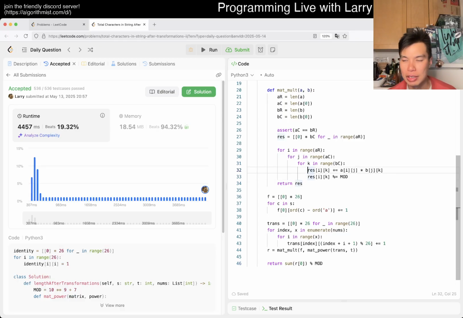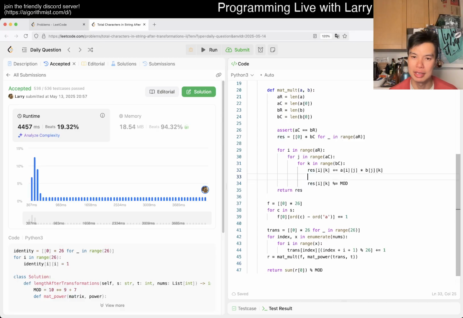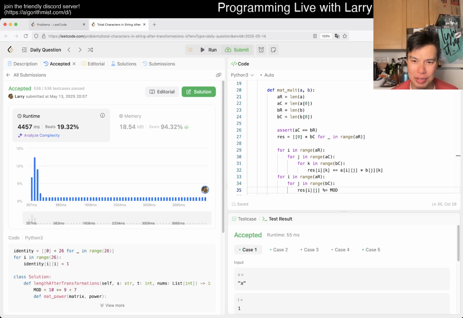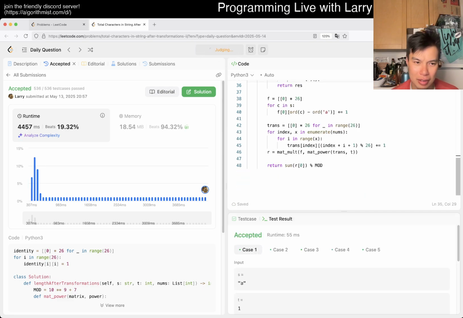What we actually probably want to do is just take that outside. It's just that I was too lazy to do it. But yeah, that should be a bit faster, just a lot fewer mods. Right.